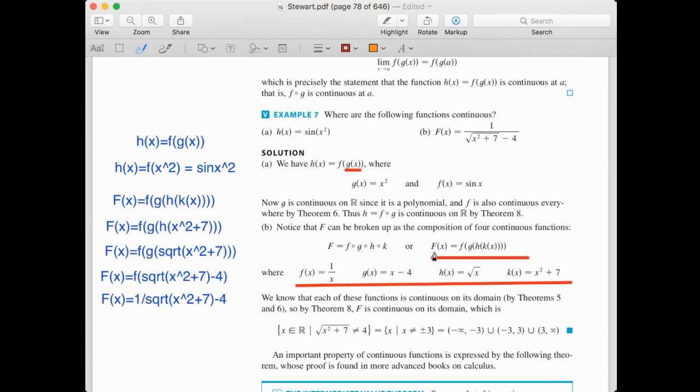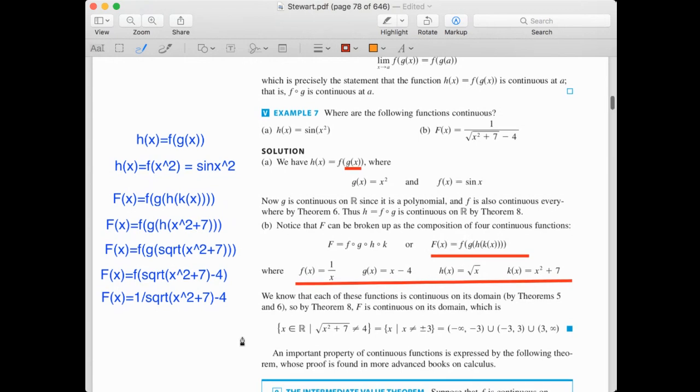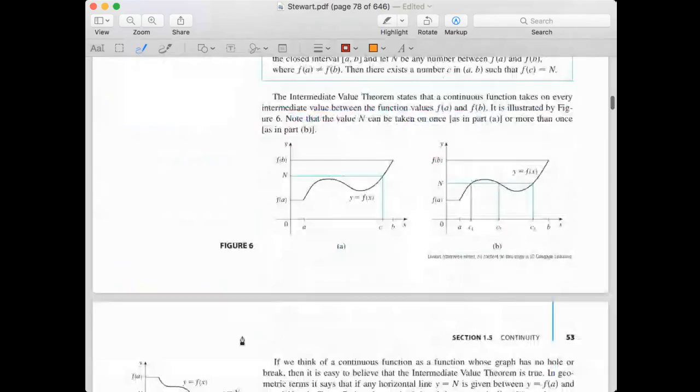And when we later on talk about integrations, also chain rule. So if you are weak on this composition of functions idea, make sure you spend some time to see these examples, to try some questions.